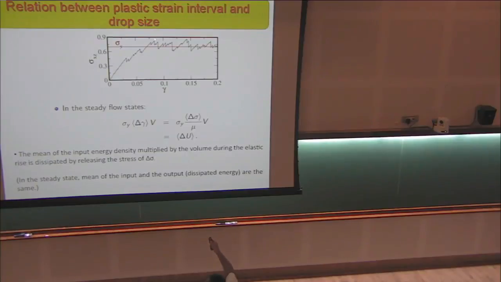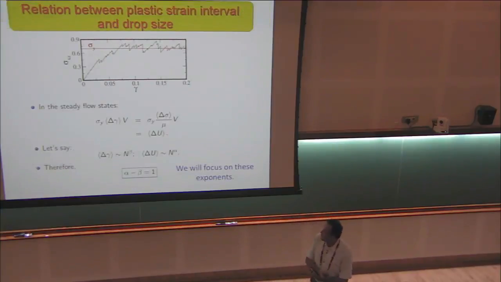Whenever there is one of these plastic events, there's also a corresponding drop in energy, and you basically write down a balance equation between the interval between successive events and the energy drops, and these two have to balance. If you look at what that tells you, in particular, assuming that there is some kind of a system size dependence to these strain intervals and the energy drops, you find a simple relation between the exponents that characterize the strain intervals and the energy drops.